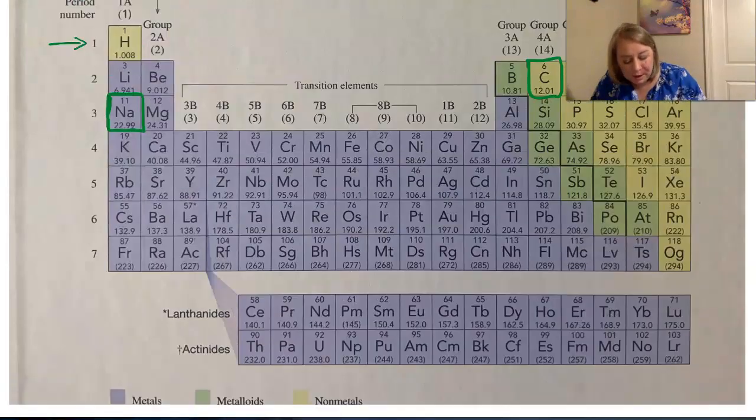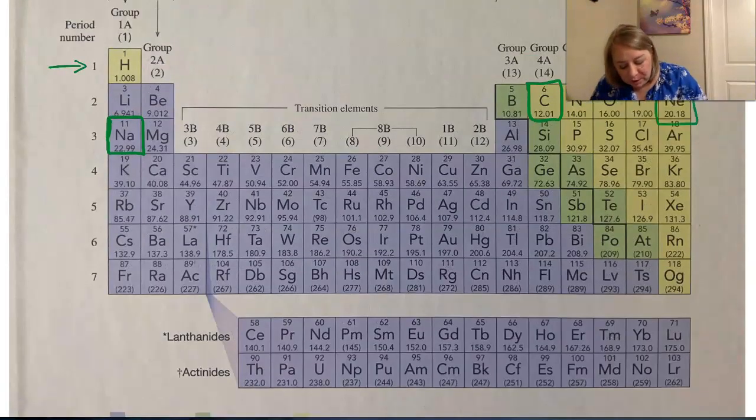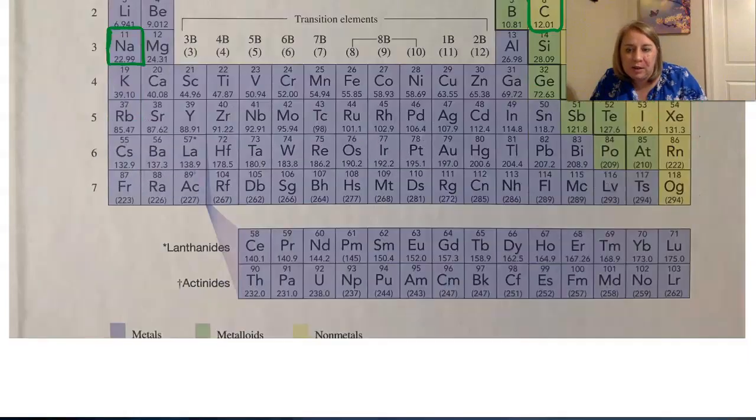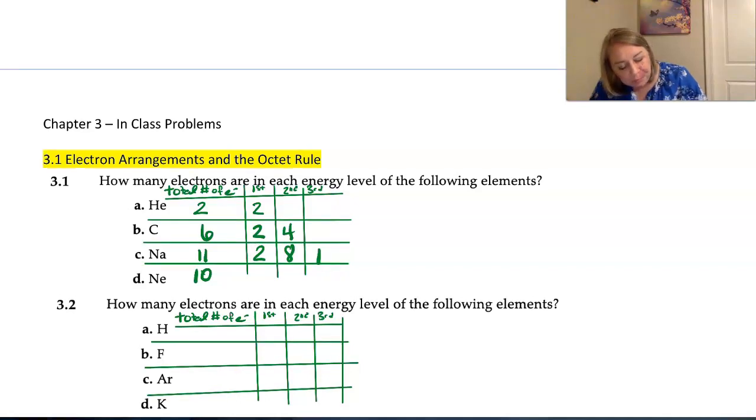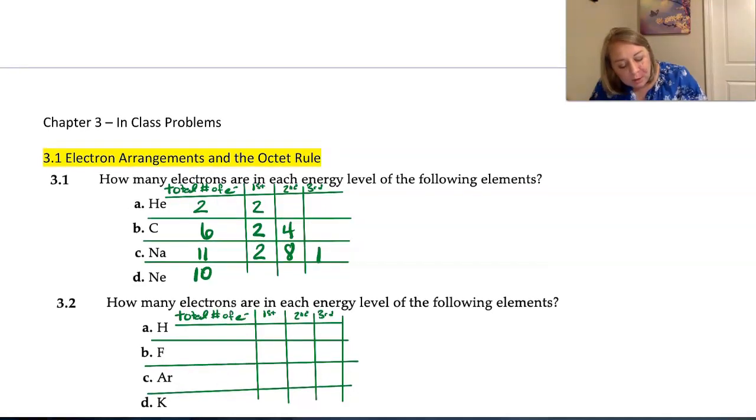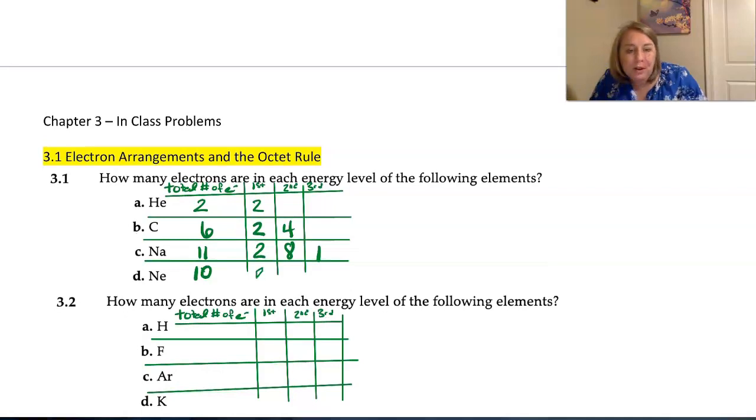Okay, neon. If we come over here, here's neon. Neon has 10 electrons, right? So we're going to give it 10. So I have to put 2 in that first energy level.